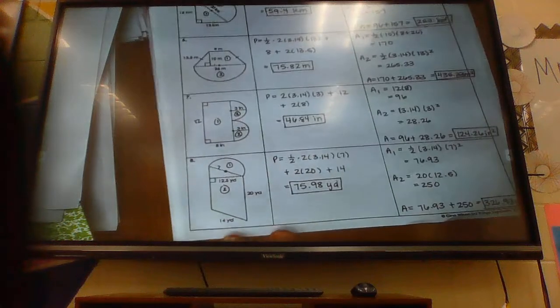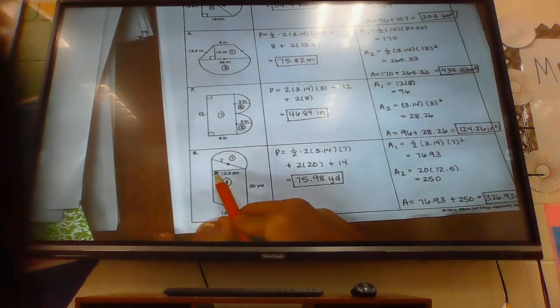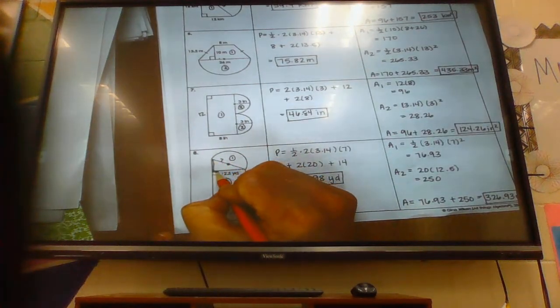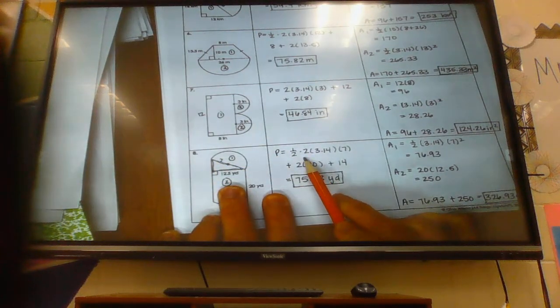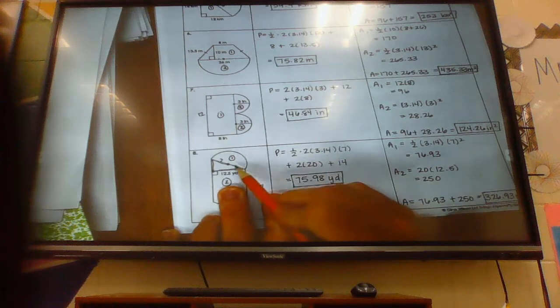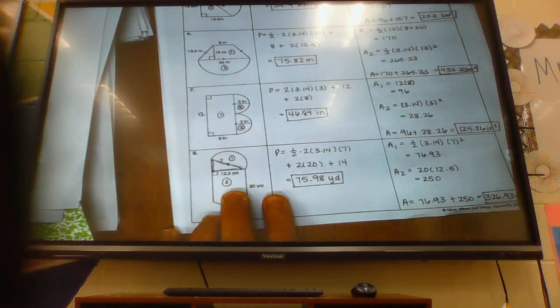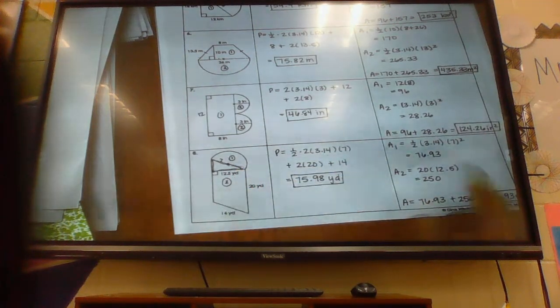Okay. So number 8, you're gonna get the area of the triangle. So 1/2, 3.14, because that's half, or that's the radius, right? Wait a minute.